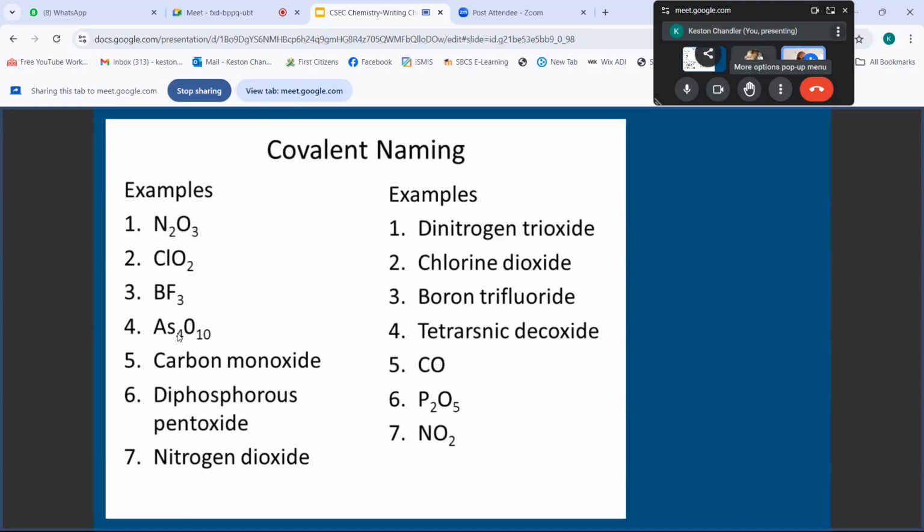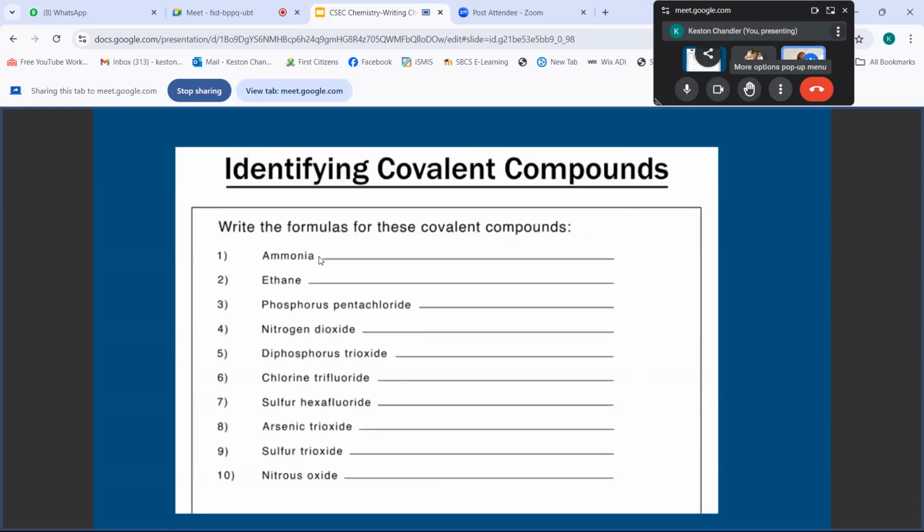This one here is tetraarsenic decoxide. We use deca for 10. Carbon monoxide, you have 1 O here. Diphosphorus pentoxide and nitrogen dioxide. So these are all examples of some compounds and the way in which you will name them.